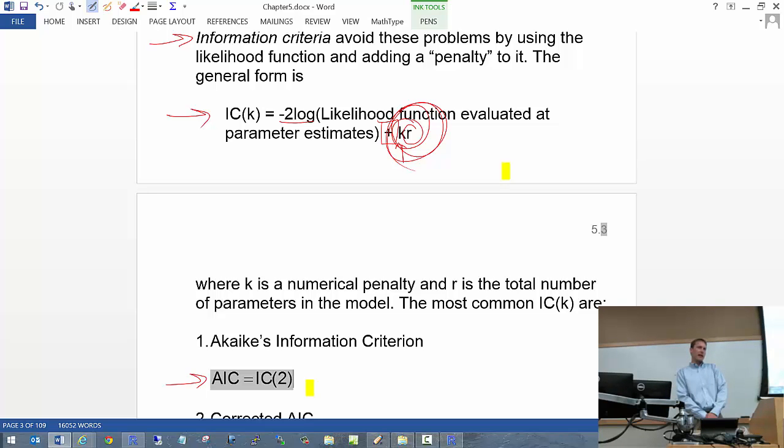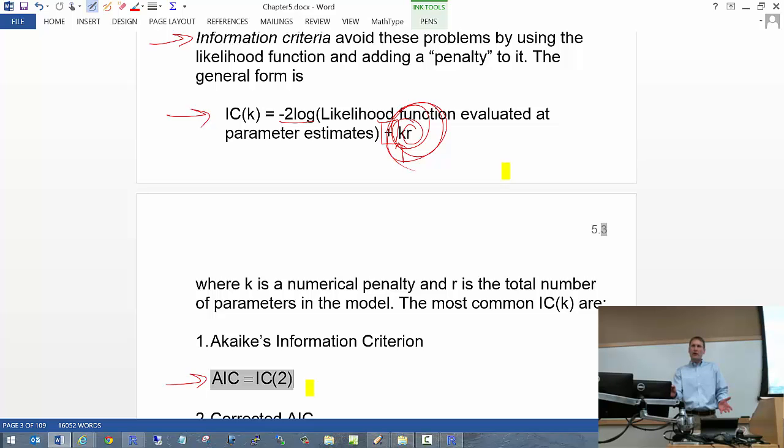I think you're kind of getting at it. So, you know, look at K times r. So as the number of parameters increases, what's the effect of having a larger penalty? Is it going to make the information criteria higher or lower for BIC versus AIC? Higher. Because K is a larger penalty.